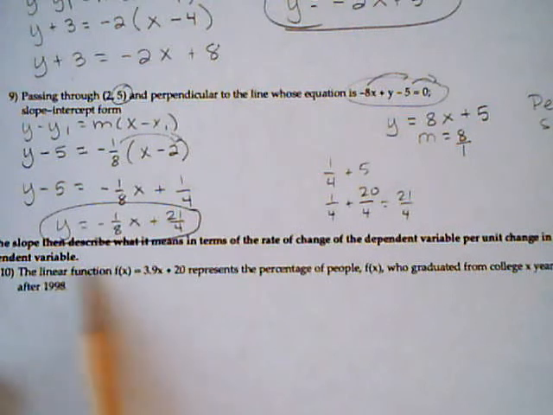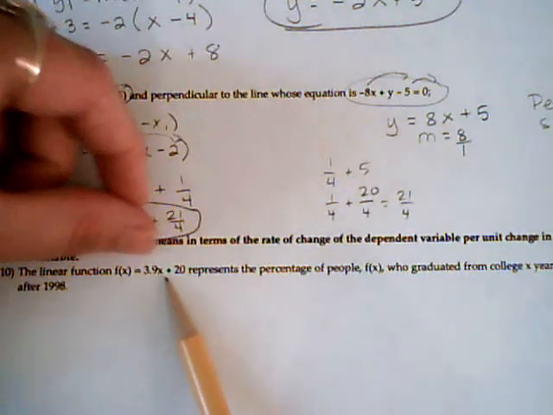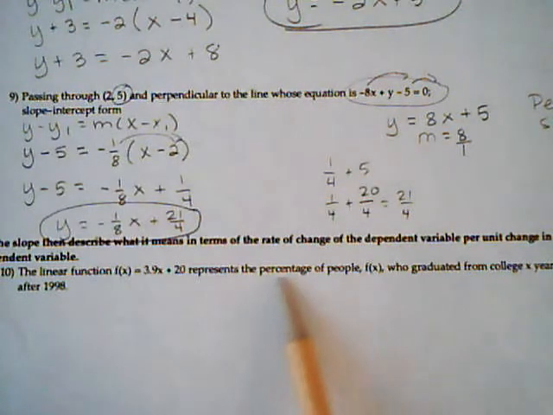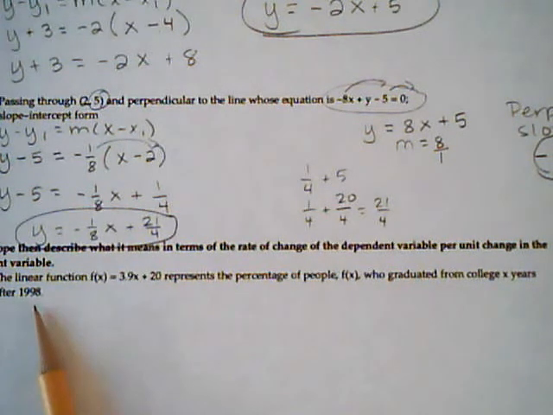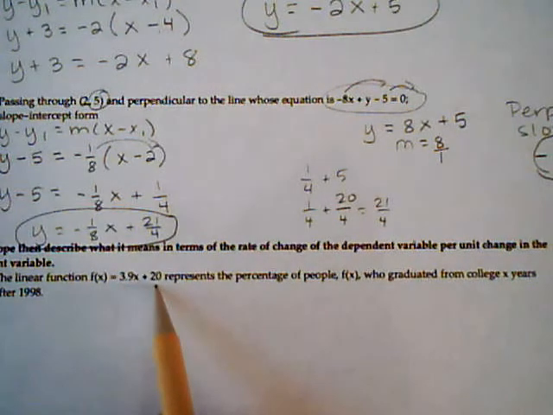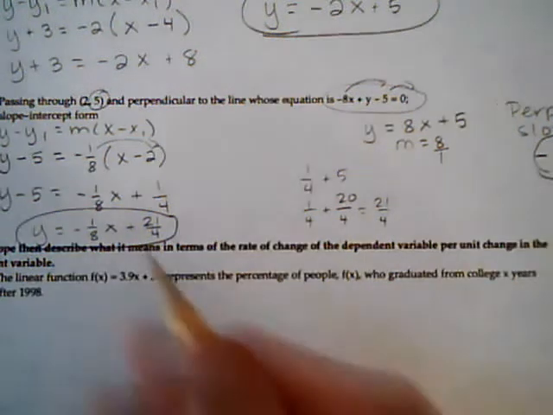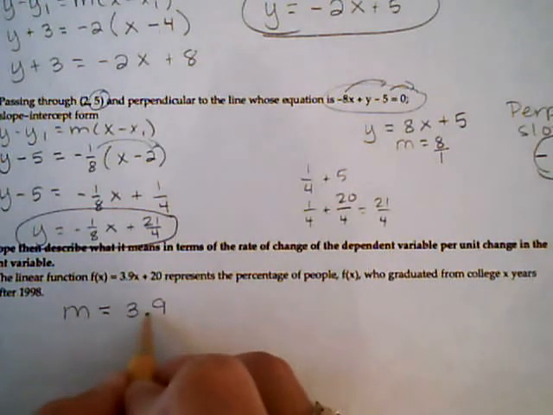This says the linear function f of x equals 3.9x plus 20 represents the percentage of people, f of x, who graduated from college x years after 1998. So this is in function notation. It would be the same thing as y equals 3.9x plus 20. So that means my slope is 3.9.